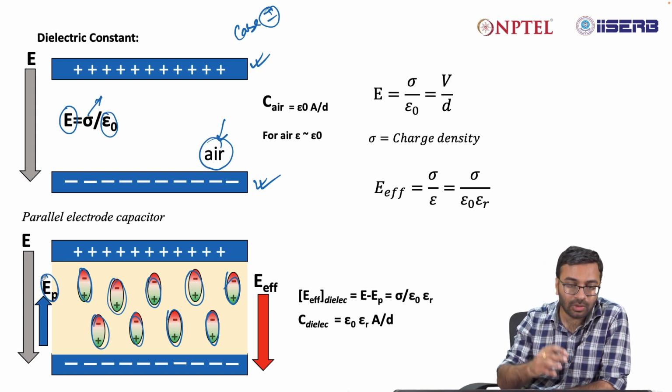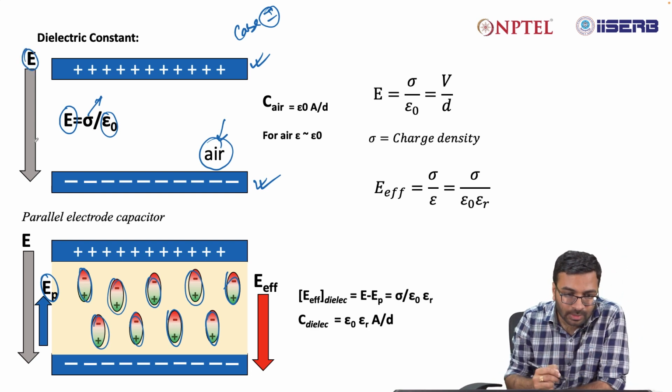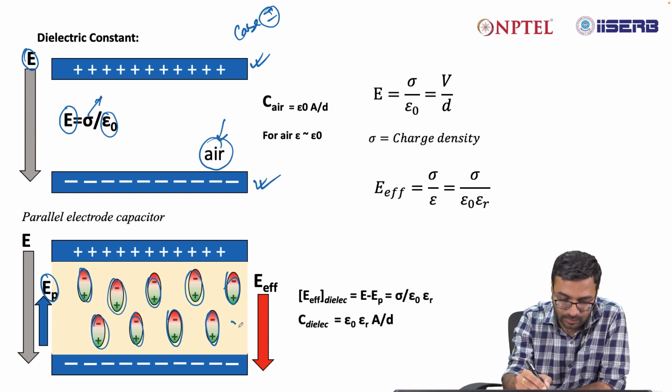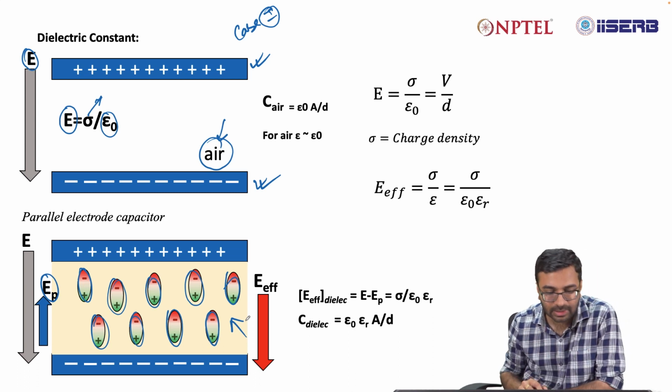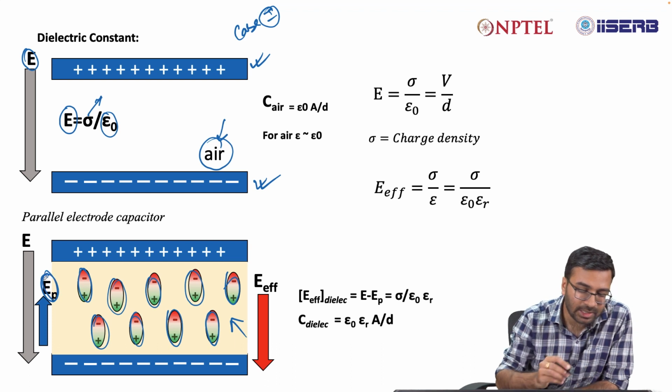Initially, because of the applied voltage, your electric field was E. Now, because of the presence of dielectric material, you have an opposite electric field which is EP.